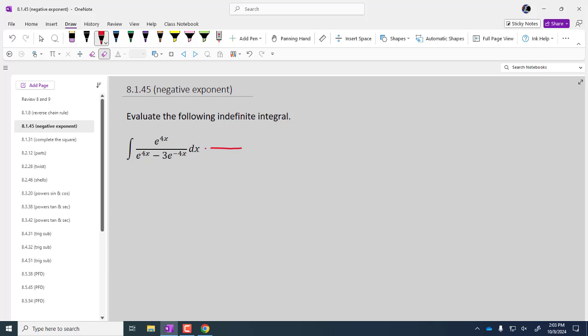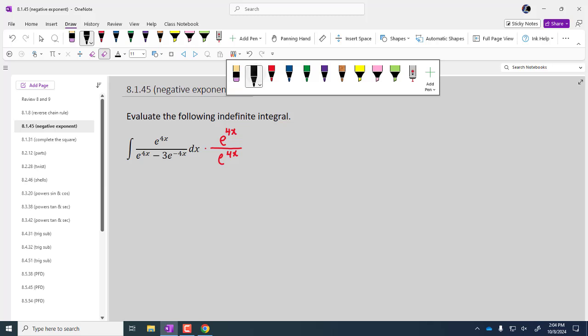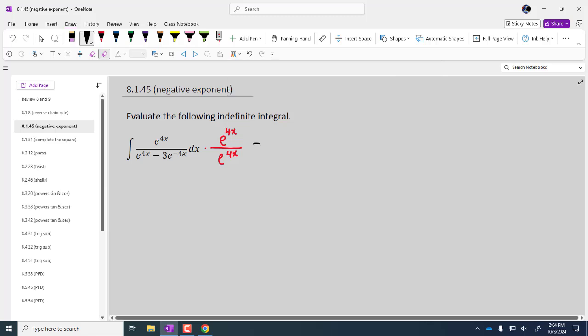E to the 4x. E to the 4x will be the factor that will eliminate that negative exponent. So we multiply both the numerator and denominator, knowing that that negative exponent is going to disappear. So in the numerator, e to the 4x times e to the 4x. We have exponential expressions with the same base, so we add the exponents.